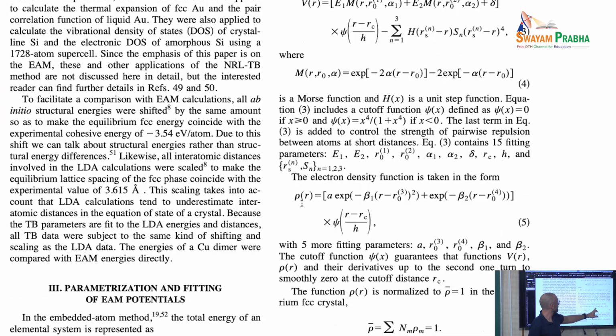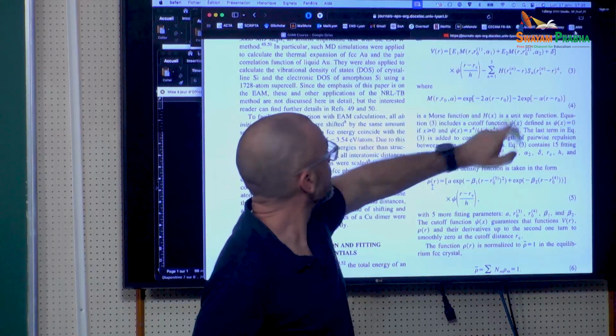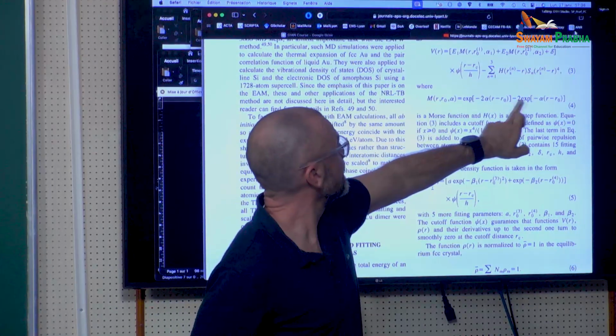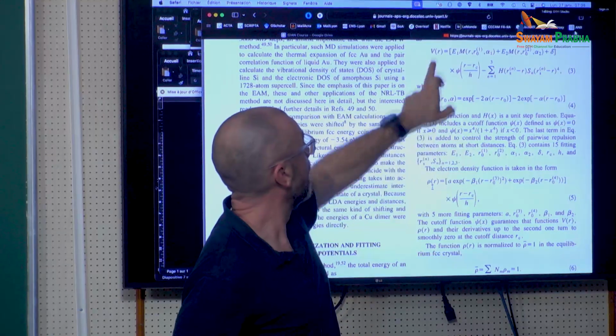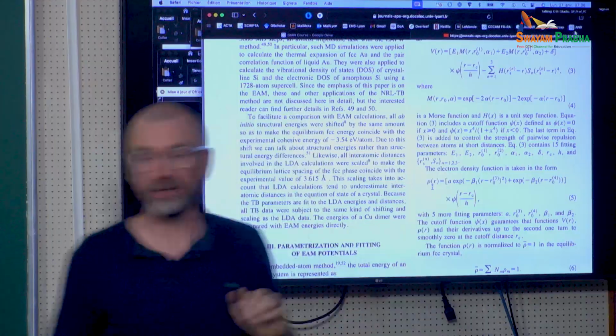A, beta 1, R naught, beta 2, R naught. And this is just to stop the function properly at some distance here. Here you have a functional form. Again, this is a difference between two exponentials for the pair potential. And that gives you more parameters.